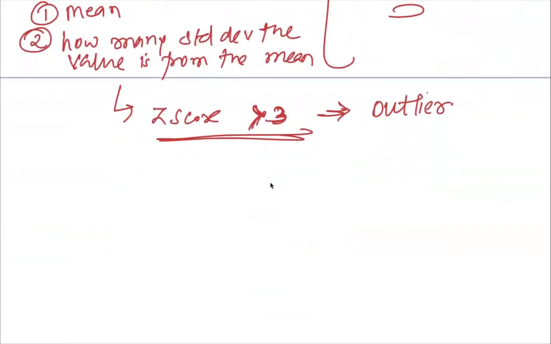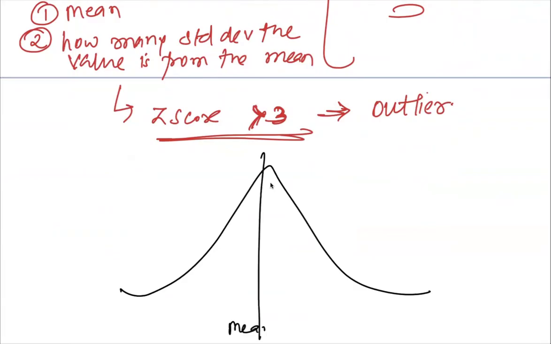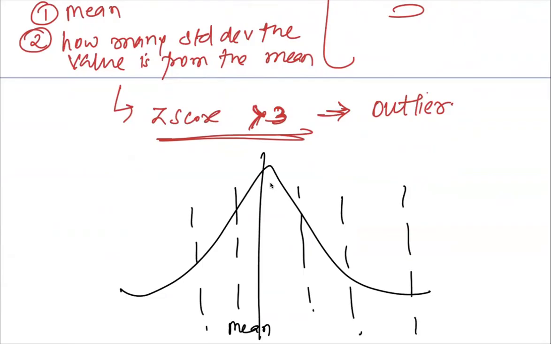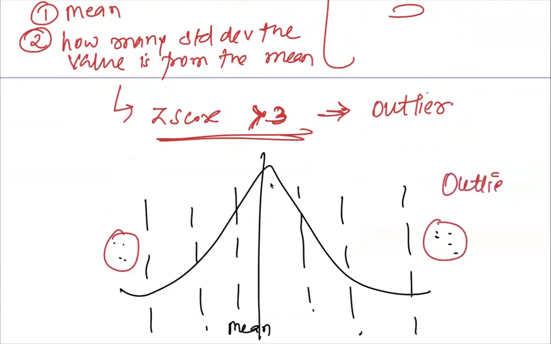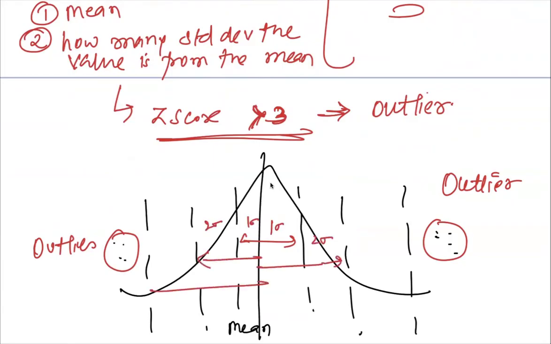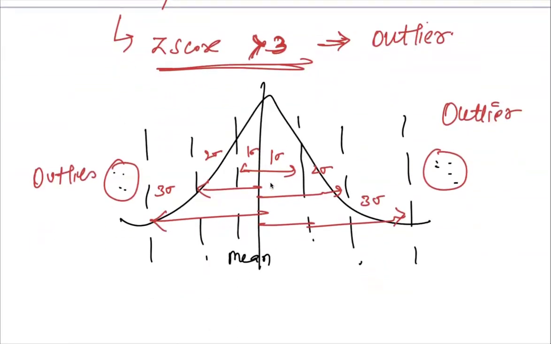Okay, let me give you a graphical representation. Let's say this is your mean, this is your first standard deviation, this is your second, and this is your third standard deviation. Any observation you see out here, this is what we say is an outlier.